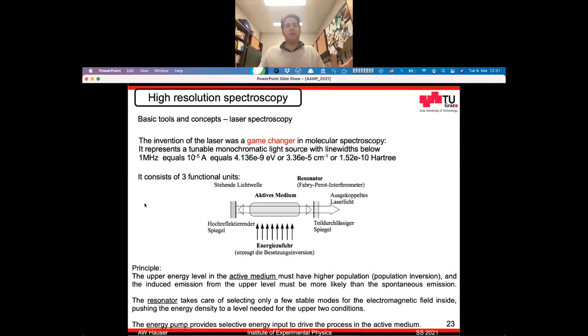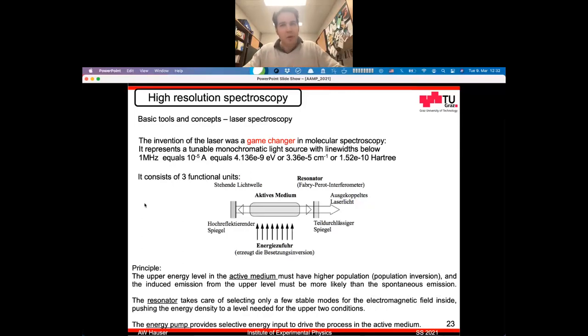So to sum up, we have these 3 pieces. We have the resonator, we have the active medium, and we have the energy source that forms this laser. What's the basic principle? We would like to have population inversion, meaning that we would like to have more of our atomic systems in this active medium in an excited state compared to the ground state.